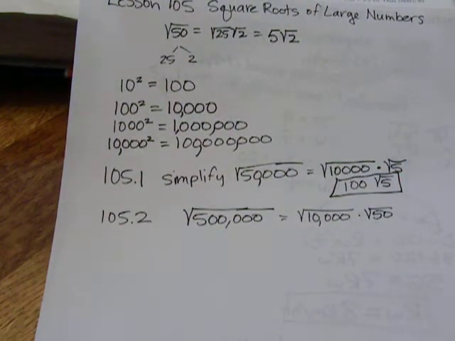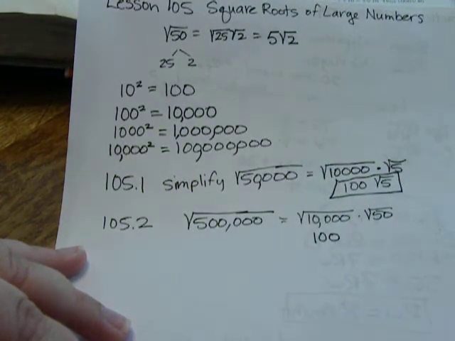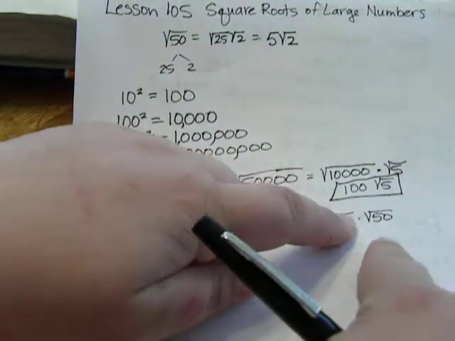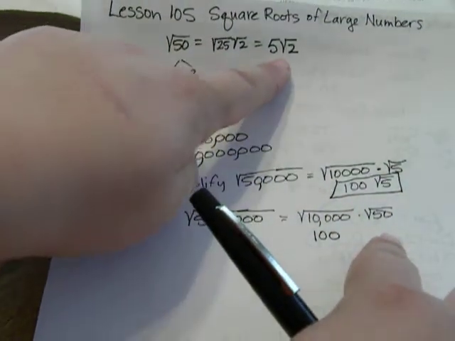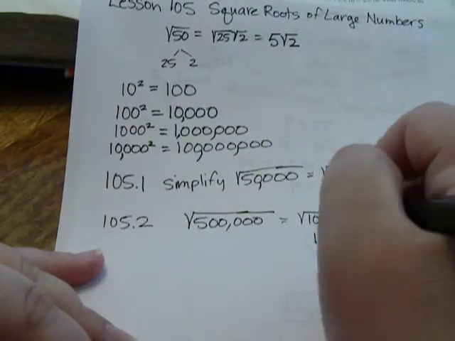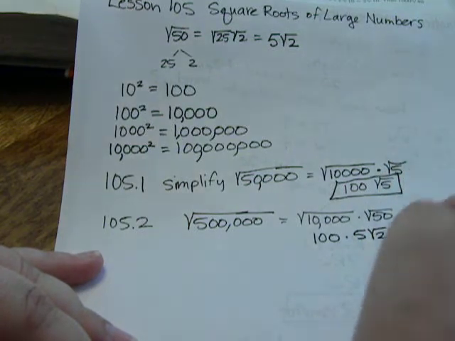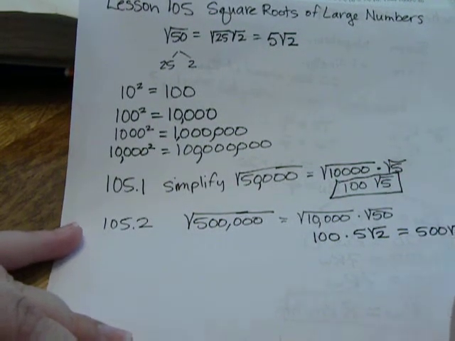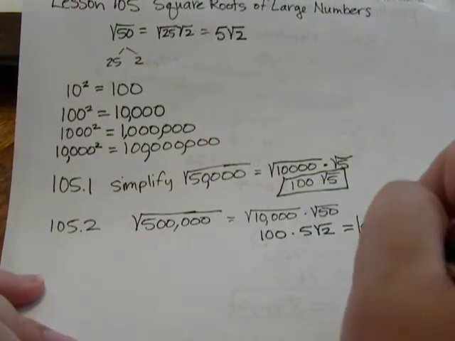We know easily that the square root of 10,000 is 100. The square root of 50, if you remember, is 5 square roots of 2. So this is 100 times 5 square roots of 2. 100 times 5 is 500 square roots of 2. So your answer is 500 square roots of 2.